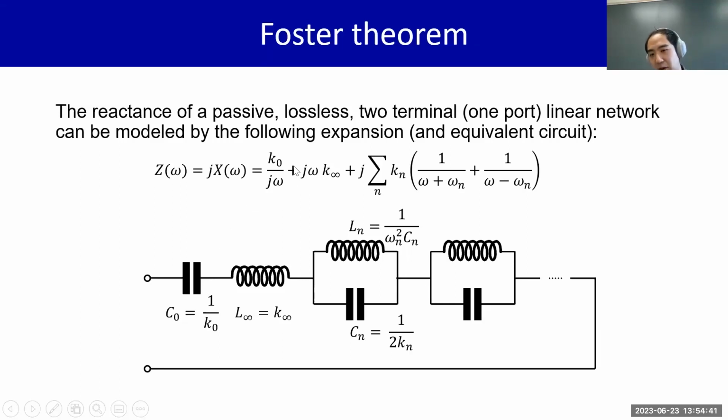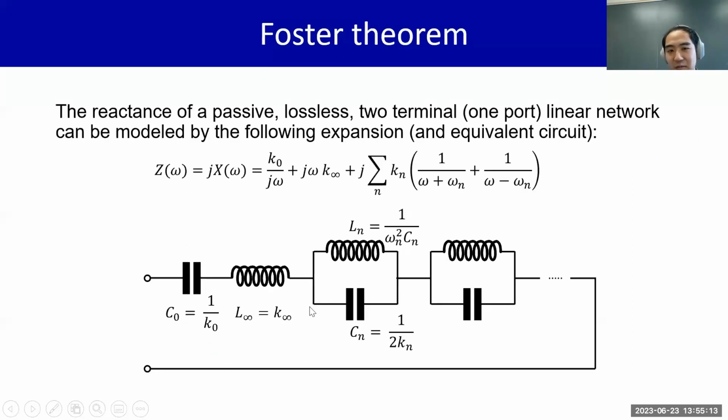When you have a pole at 0, infinite impedance at 0, it's modeled as a capacitance. And when you have an infinite impedance at infinity, it's modeled by this inductance. And then you have all the eigenmodes at finite frequency, where in the Fourier domain you have pairs of eigenmodes at plus omega n and minus omega n, which are captured by these parallel LC oscillators.